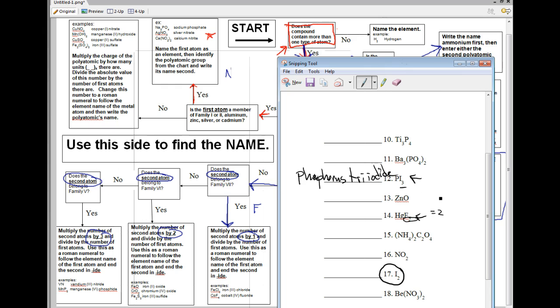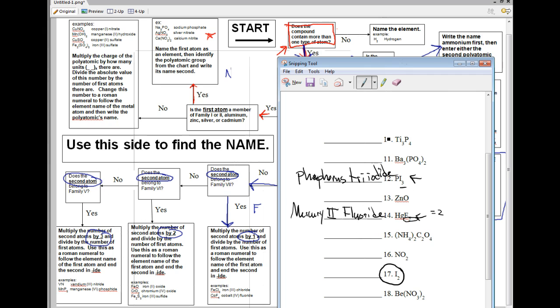Use this as a Roman numeral to follow the element name of the first atom. So we have mercury, and I'm going to change that to a Roman numeral 2. And then I'm going to write fluoride. I'm done. Okay, fairly simple. Not the hardest thing ever.